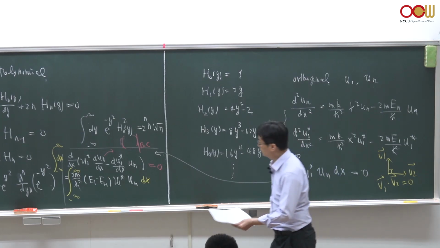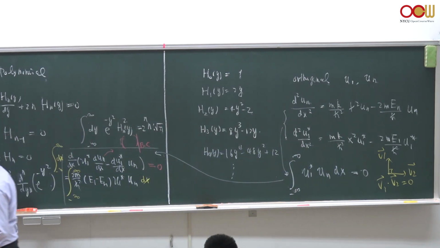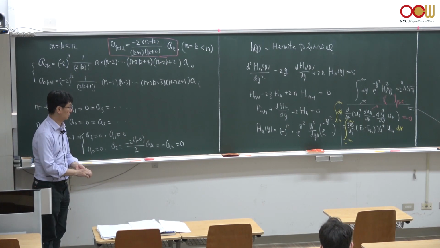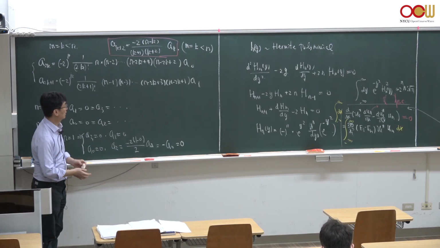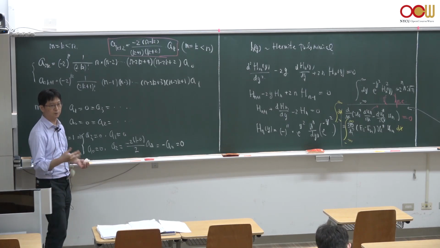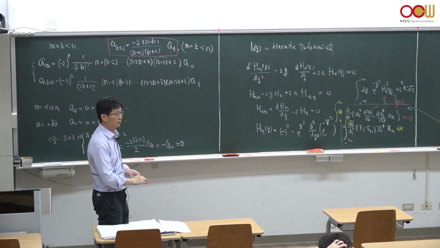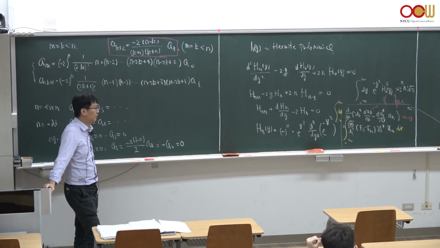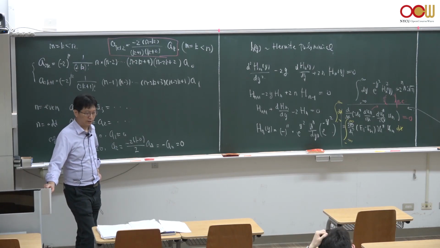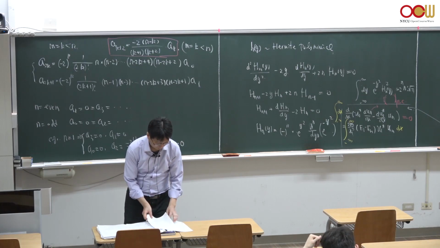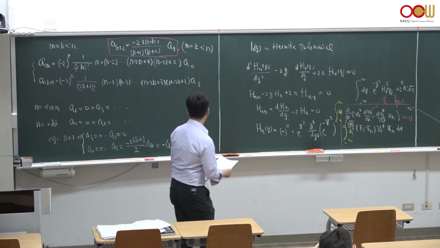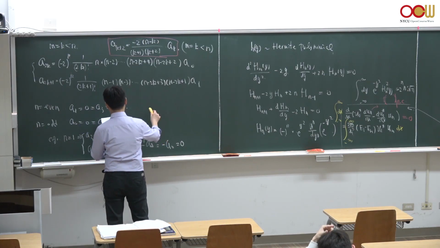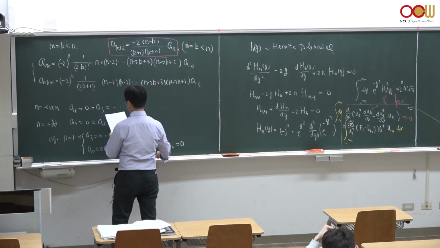So now we have everything. We have the quantized energy levels for the harmonic oscillator, and we find the eigenfunction, which is nothing but the Hermite polynomial multiplied by e to the minus y squared over 2, as the total eigenfunction. So we have eigenenergy and eigenfunction, and we are done. The final part is that I draw some pictures of the even and odd solutions of the harmonic oscillator eigenstates.